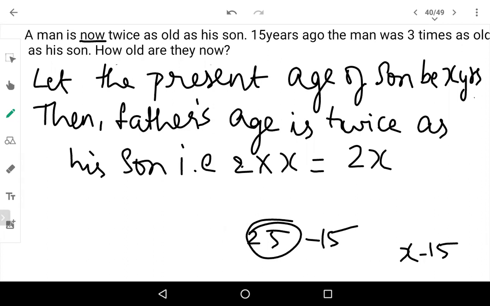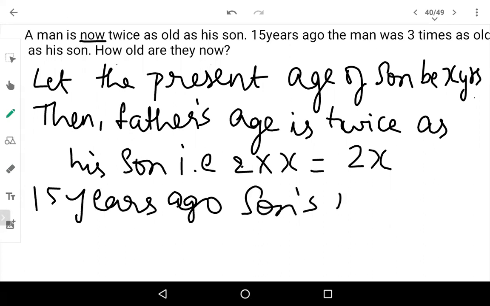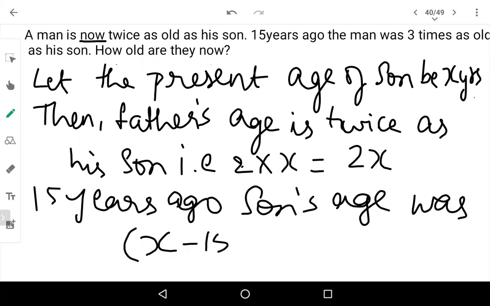Correct? Same logic we are using here. So today his age is x. So 15 years ago, what will his age be? 15 years ago, the son's age was x minus 15 years.